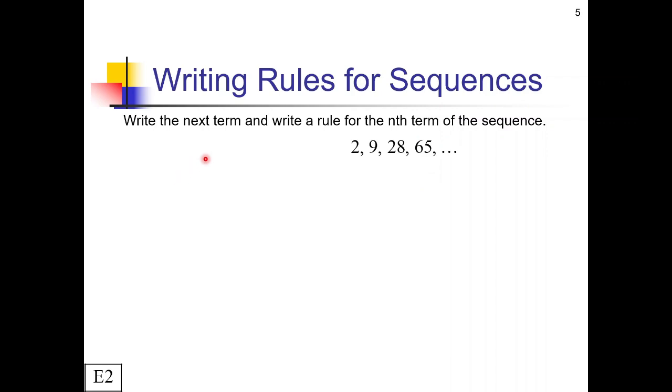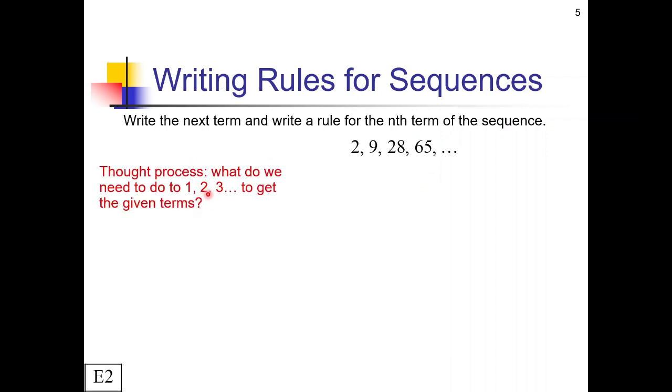So our thought process when we're doing this is basically, what do we need to do to 1, 2, 3, and all those numbers to get these given terms? Now, some common rules that we might encounter, we might have k times n, so these might all be multiples of some number, like multiples of 3. These could also be perfect squares or perfect cubes.